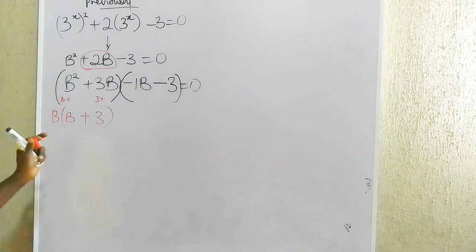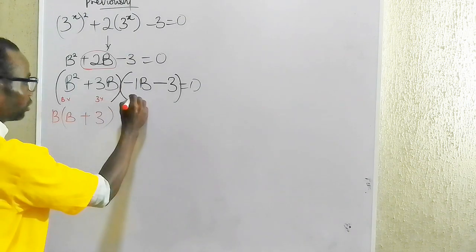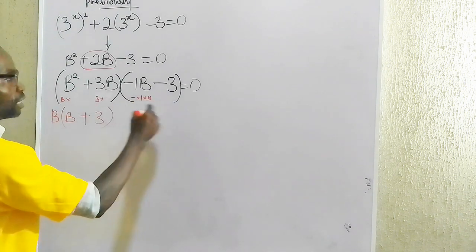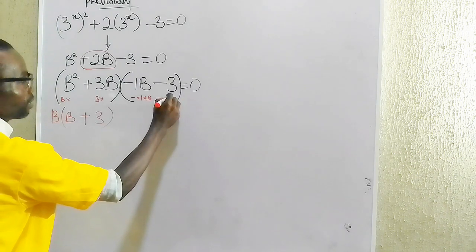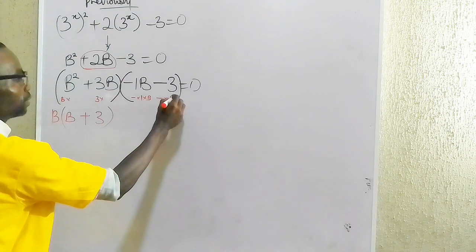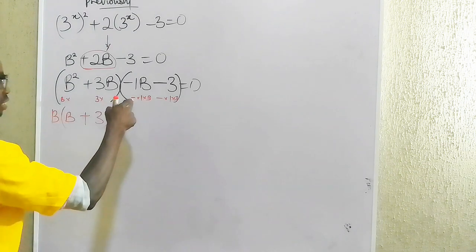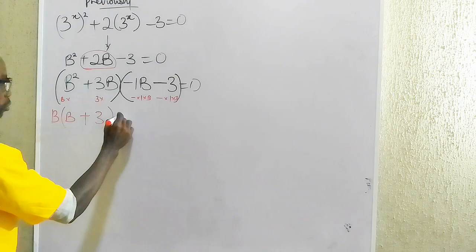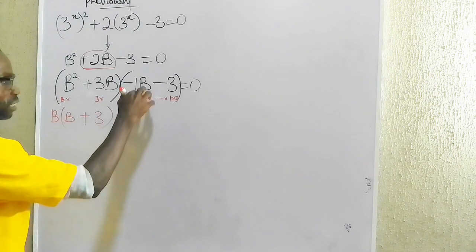This bracket is done. Now let's look for what is here and is here. Minus, what we have here is essentially minus 1 times b. And what we have is minus 1 times 3. So what is here that is also here? Minus is here, so we'll bring minus out. 1 is here, 1 is here, bring 1 out. So what's remaining here?